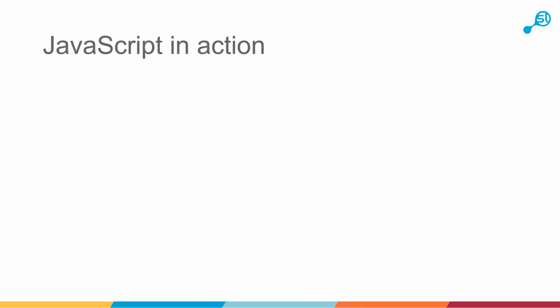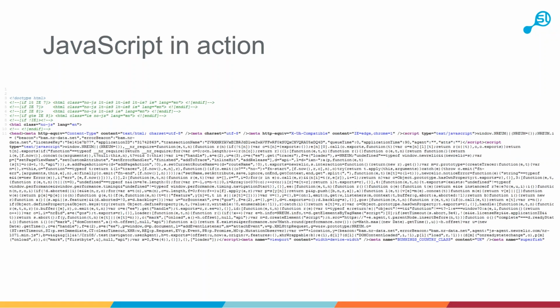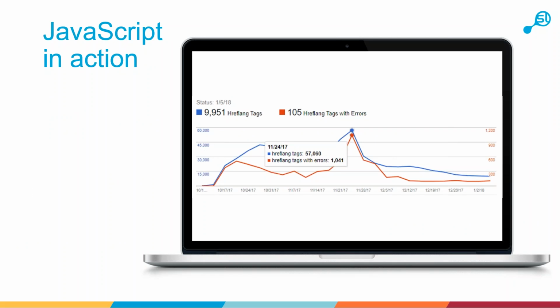I did promise to show you how JavaScript is making international targeting difficult, and it's really about the scripts. We have been working with several clients where they've introduced a massive tracking script at the beginning of their HTML code, and what it pointed to was a drop in hreflang detection, which can make it very difficult for your users to find the correct version of your site further down the line.